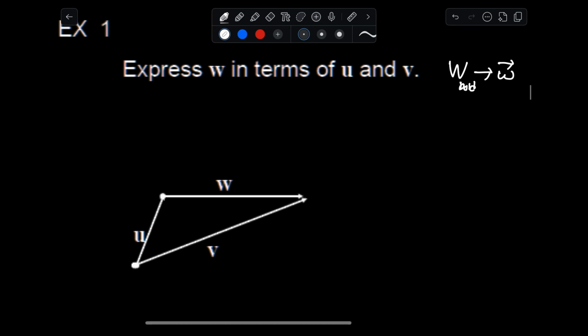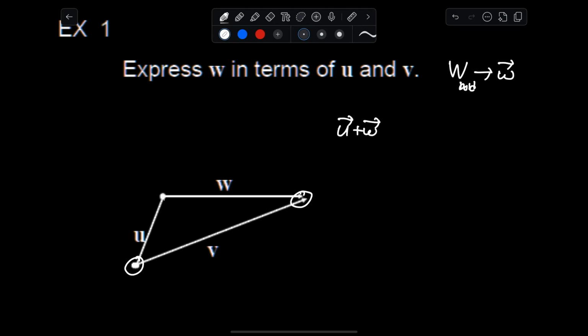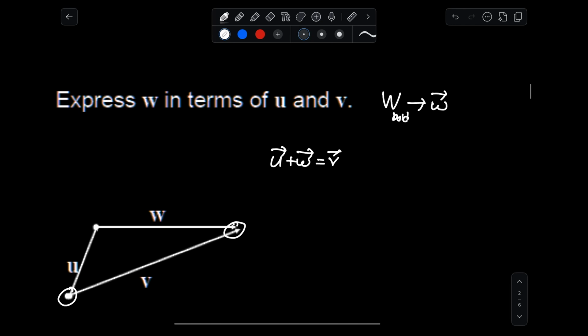So I noticed that we have the starting off point right here, and we end up here at the end, right? I see that when we add up u and w, we go from here to here, and from here to here, right? But we know that with the v, we end up in the same spot, right? And in that case, it would be u plus w equals v.